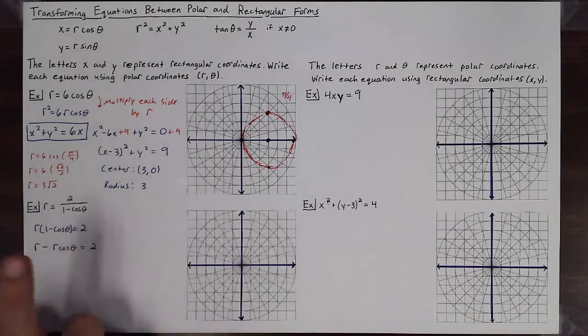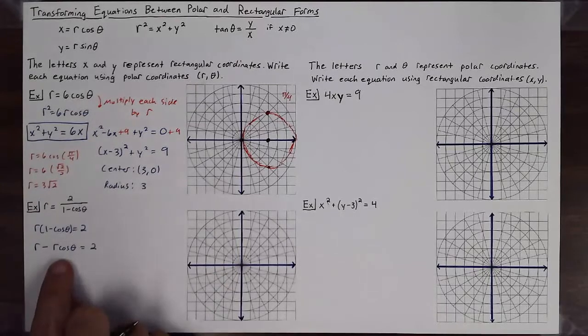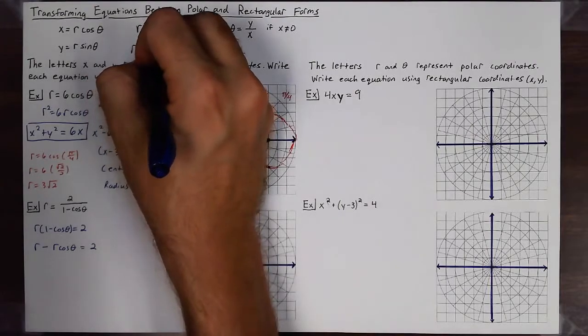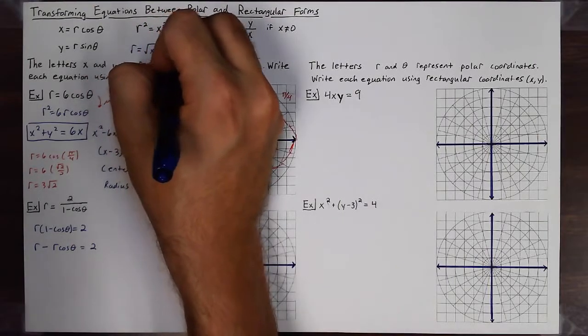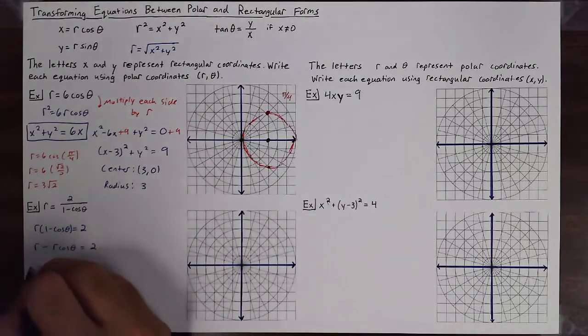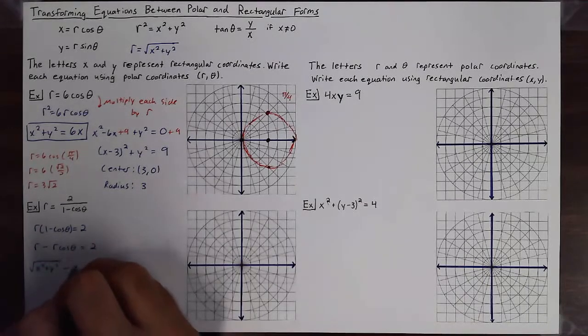Now, I have r cosine of theta, but I do not have r squared. But what I can do, on rare occasions, it might help you to make r equal to the square root of x squared plus y squared to help you convert your equation. That gives me the square root of x squared plus y squared minus x is equal to 2.